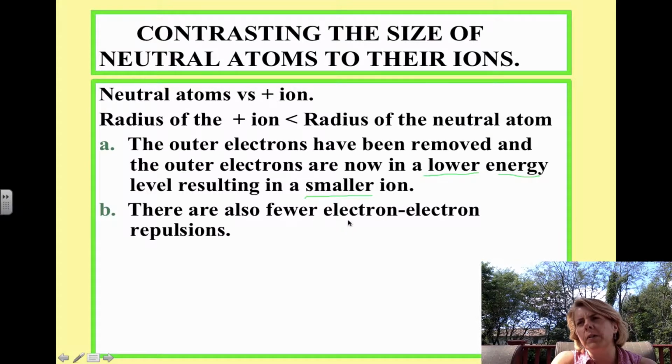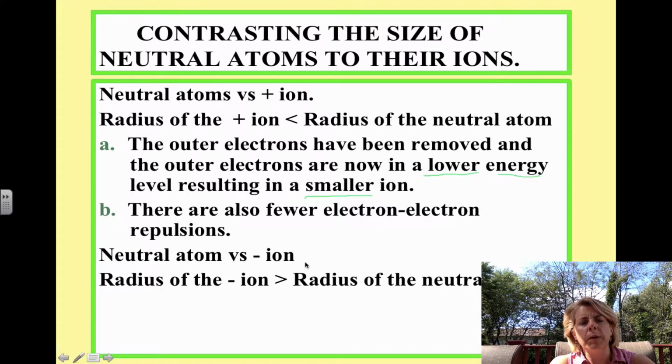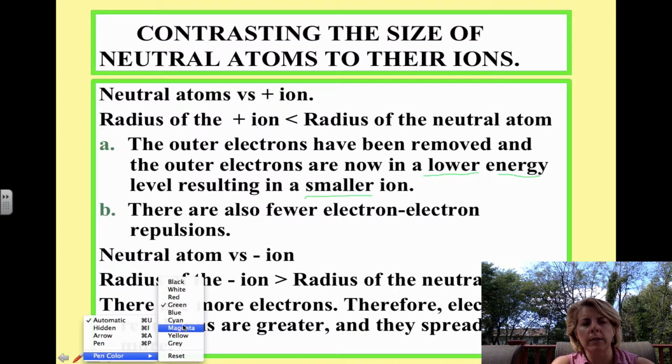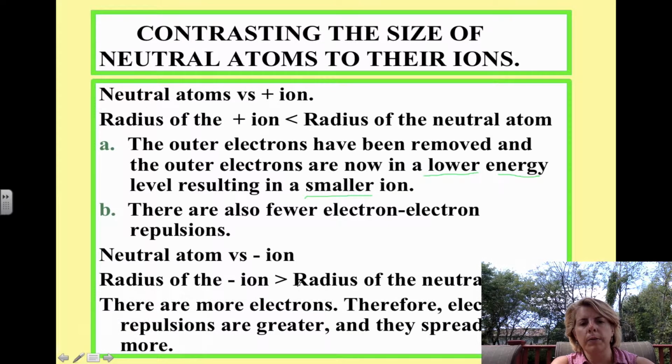There are fewer electrons to go around, so you don't see as much spacing out of the electrons. When you're talking about formation of an anion, something else is going on. Instead, the radius has to increase because there are more electrons. And when there are more repulsions, there are more electrons, we get a spreading out of the anion.